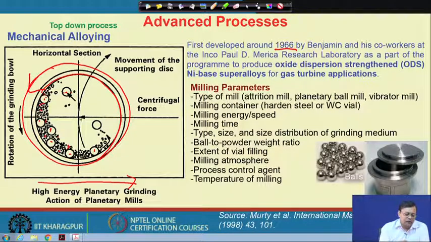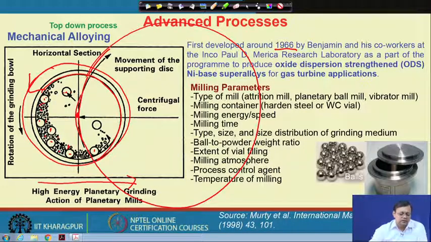On the other hand, the whole vial on a bigger disc rotates along this direction. So, this is like a simple planetary motion. We call it a planetary ball mill.